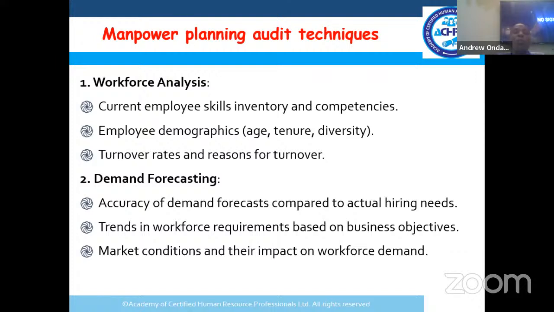So what are we going to audit in this area? Starting with skills. Skills are specific abilities that people have to perform their roles or jobs effectively.